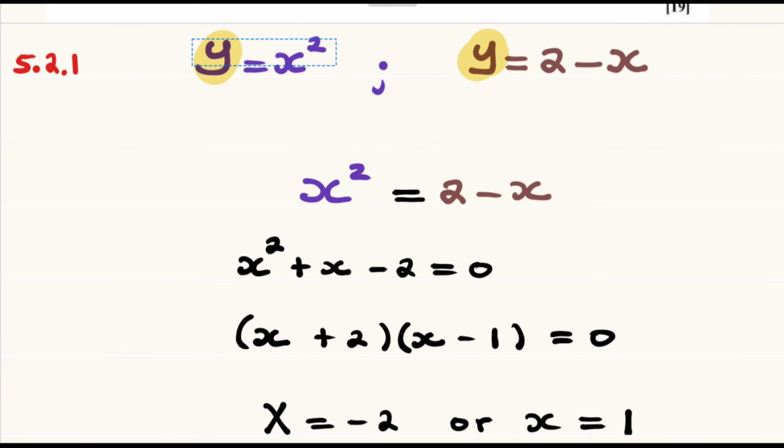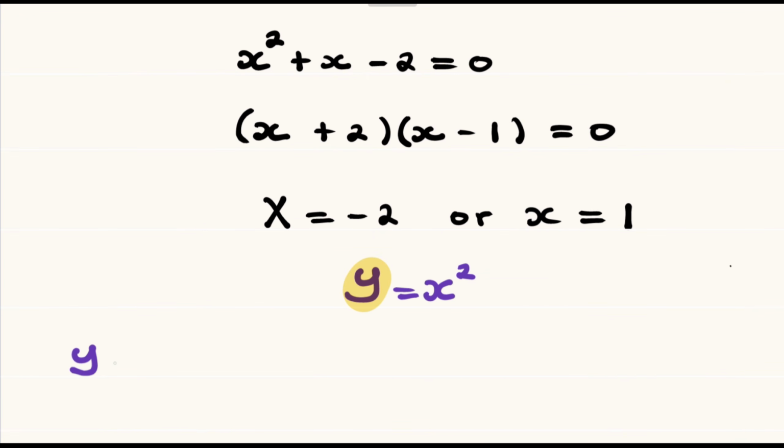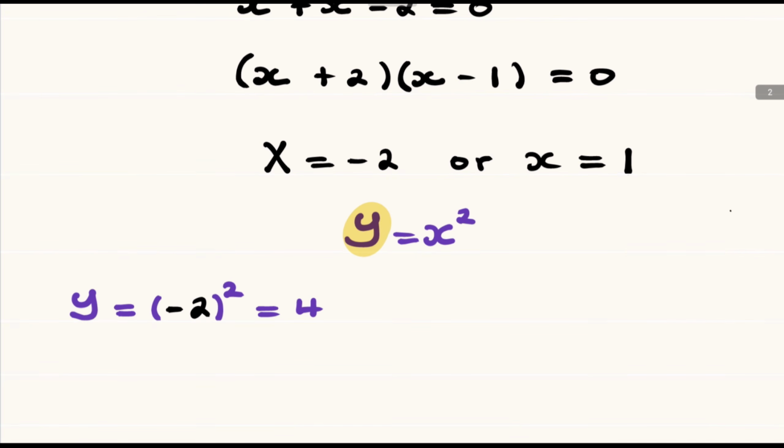So we substitute them into either of the y's. So let's substitute them into this y. So where there is x, we are going to substitute the negative 2, and this will be squared. So negative 2 squared is equal 4. So the first point of intersection, when x is negative 2, y is positive 4. Now we substitute the x is equal 1.